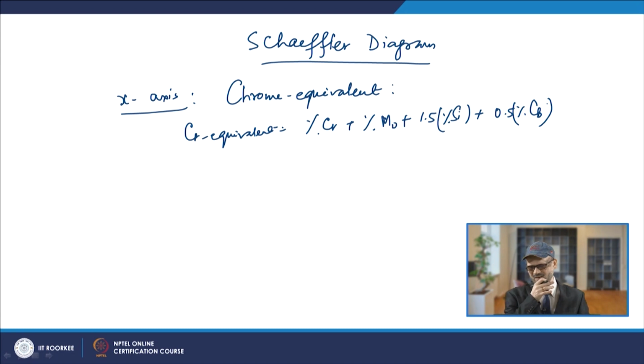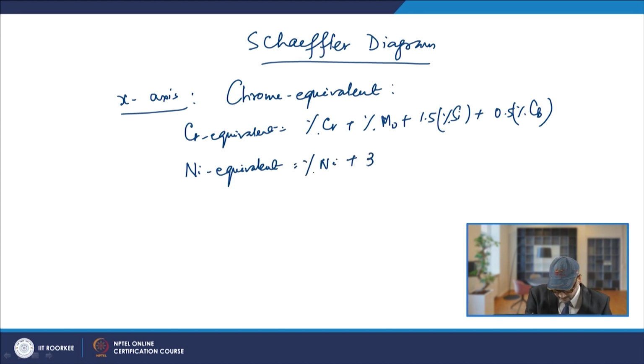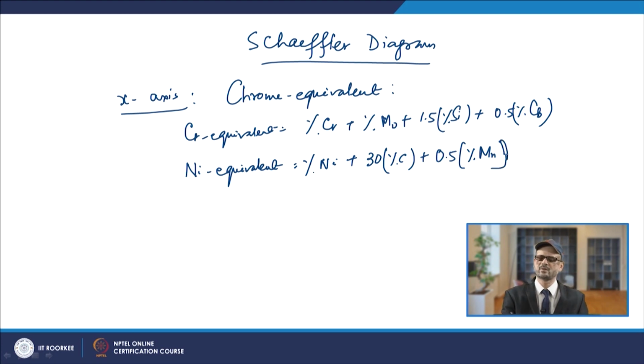So, this is normally the formula for the chrome equivalent. Similarly, you will have the nickel equivalent. Nickel equivalent is percentage nickel plus 30 times percentage carbon plus 0.5 times percentage manganese. So, this is the formula for finding the nickel equivalent, and once you find the chrome equivalent point and the nickel equivalent point, this is your y axis. On the y axis will be your nickel equivalent.